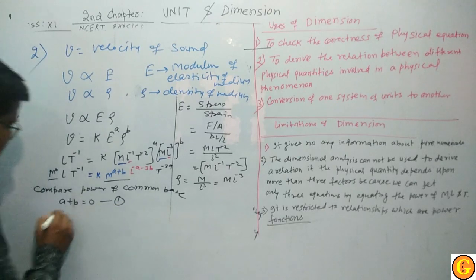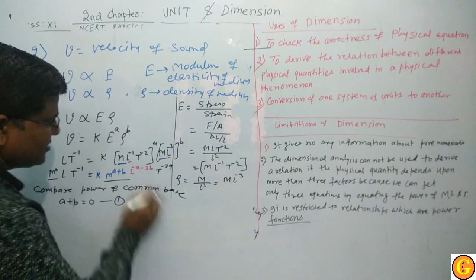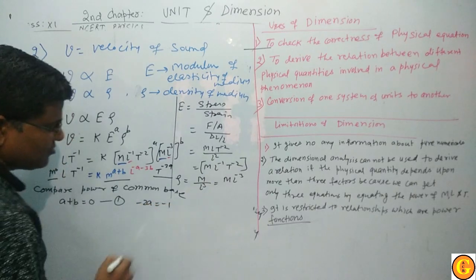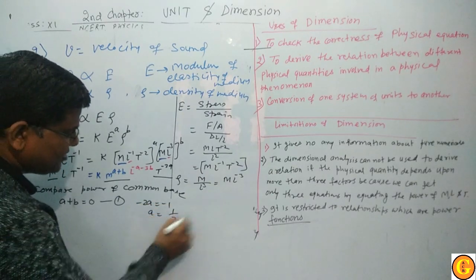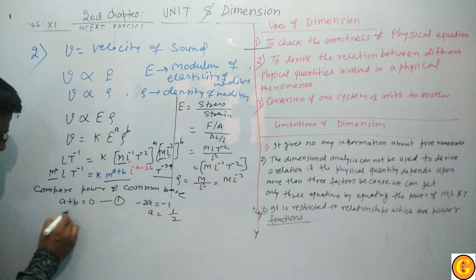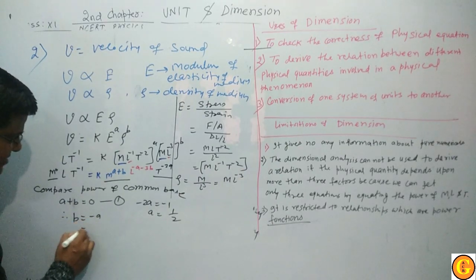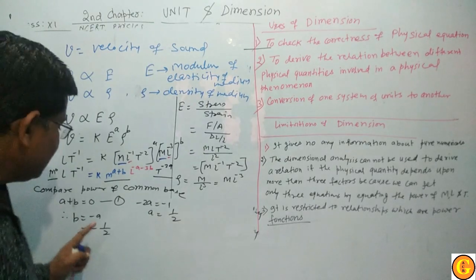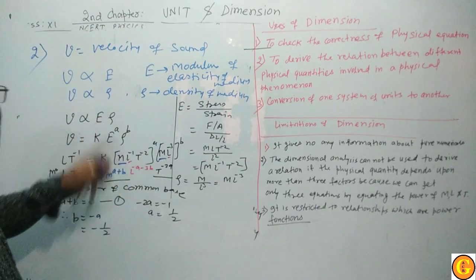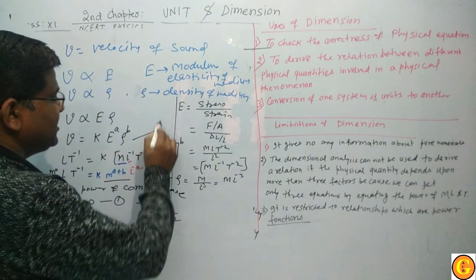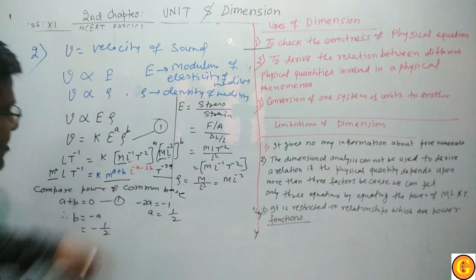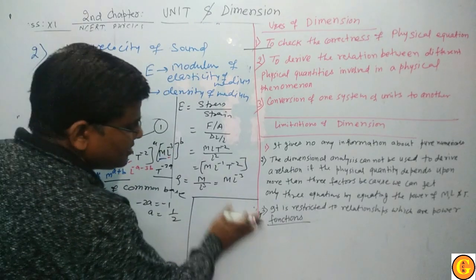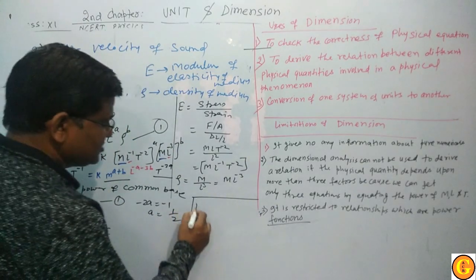Start with T. The power of T is minus 1, means minus 2A equals minus 1, then A equals 1 by 2. Therefore, B equals minus A, which becomes minus 1 by 2. Putting the values of A and B in equation 1, we will get the value of velocity.